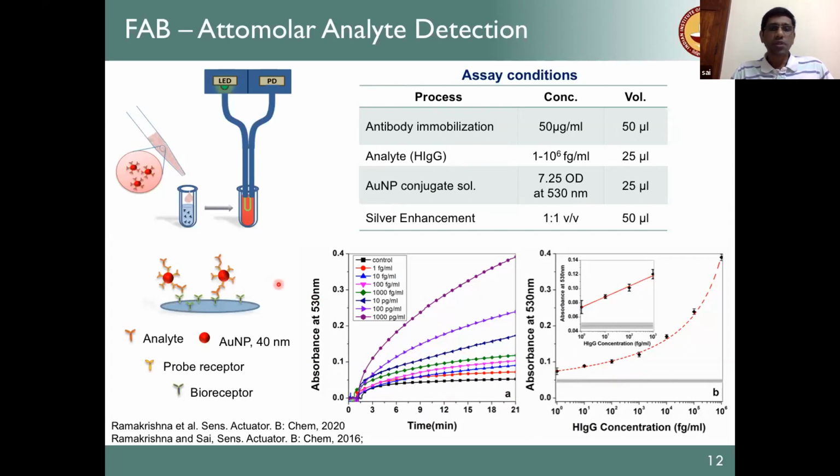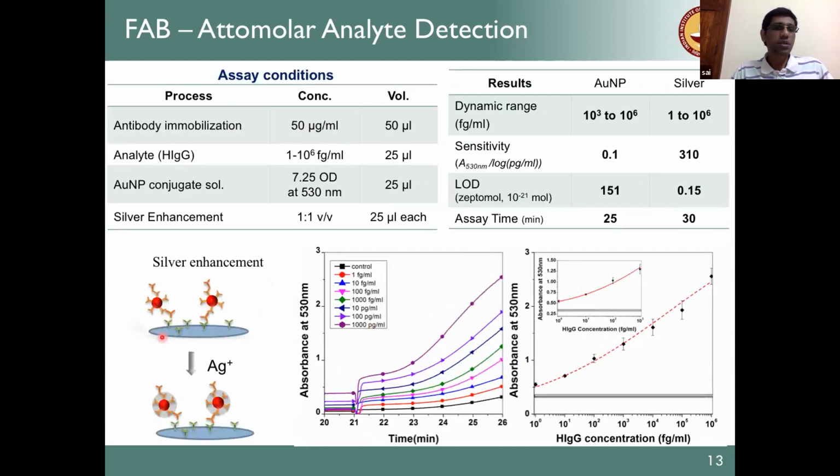Just to confirm whether this is really happening because of specific detection or some non-specific binding, we did a silver enhancement, or silver reduction, on these gold nanoparticles, and you see there is a 25 times enhancement in the sensitivity, and you indeed see a distinguishable response from each concentration.